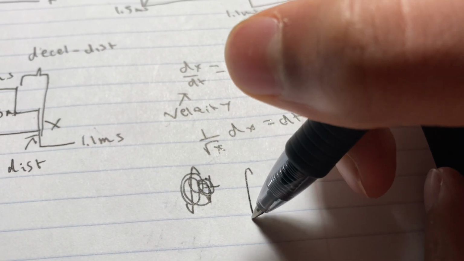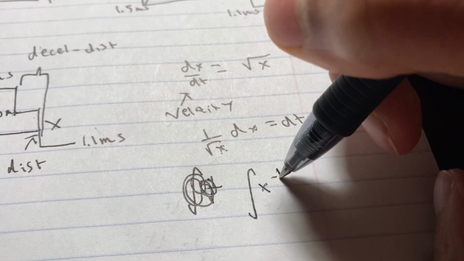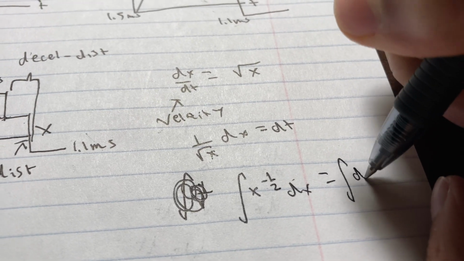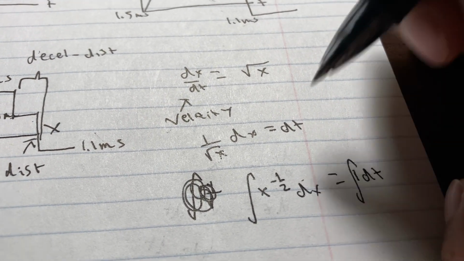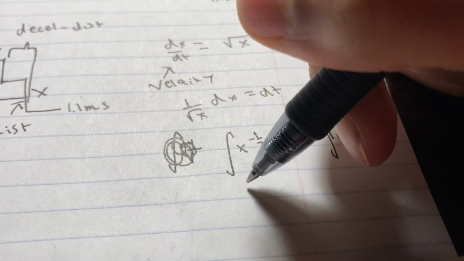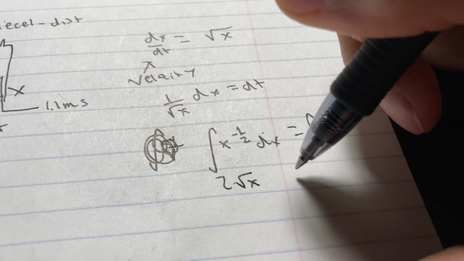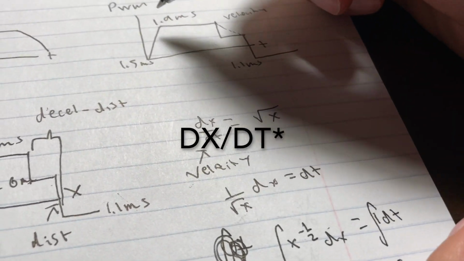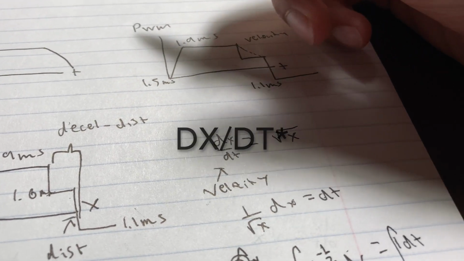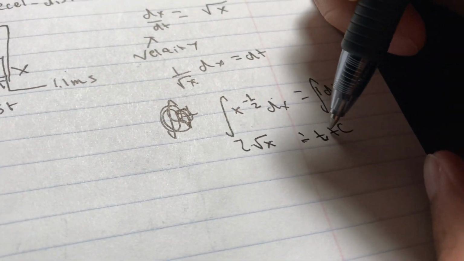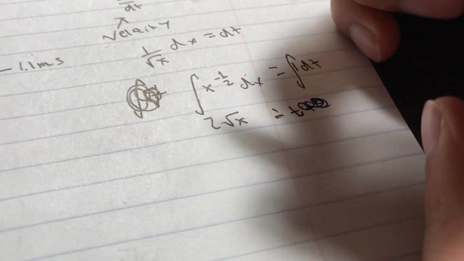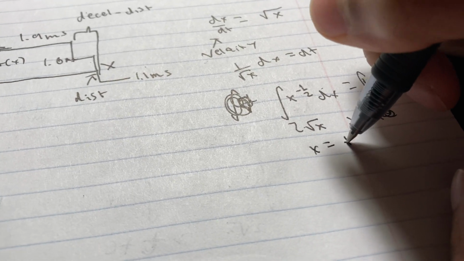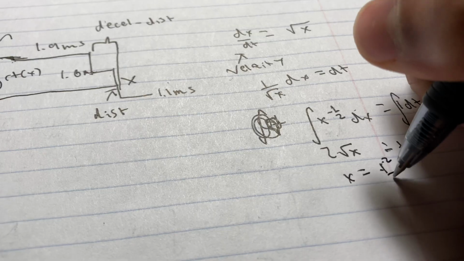Now you can rewrite this as the integral of x to the negative 1/2 dx equals the integral of 1 dt. When you integrate these, you get 2 root x equals t plus c. We want x to be proportional to time, so we can just get rid of the plus c since we only care about proportionality. Now, if we change this, we get x equals t squared over 4.